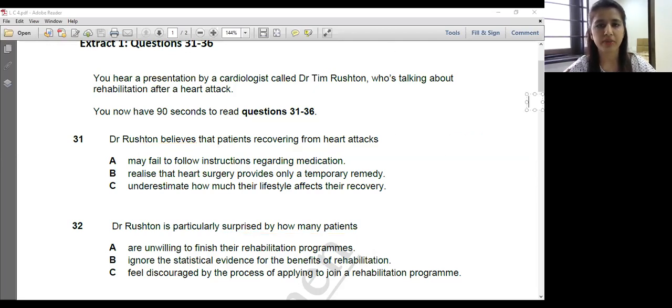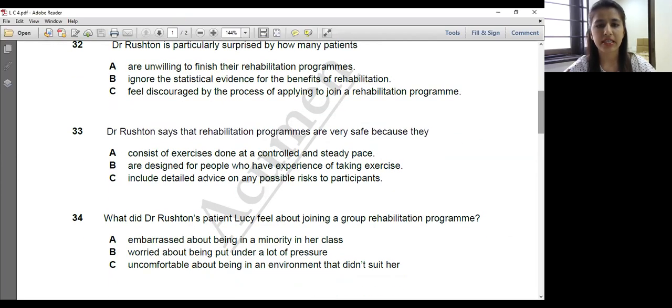Then if you look at question number 3, it says Dr. Ruston says that the rehabilitation programs are very safe. That means here he is going to give out some reasons why he thinks these programs are very safe. Then question 4 says, what did Ruston's patient Lucy feel about joining a group rehabilitation program? As I told you earlier, this is how it is going to be structured.